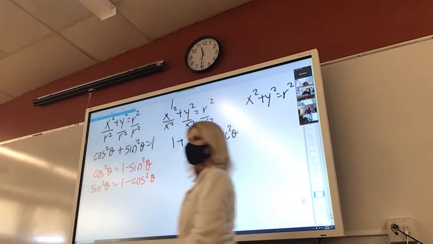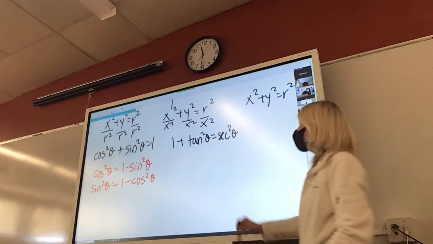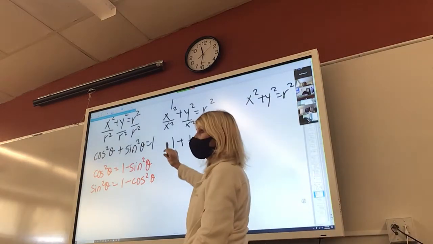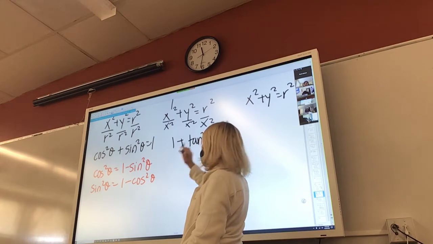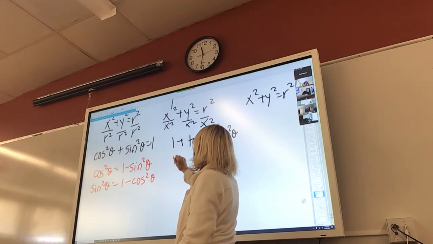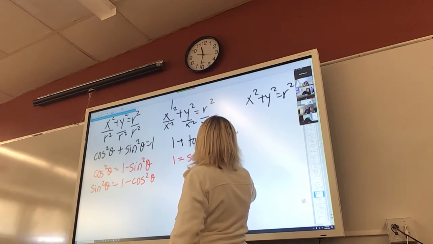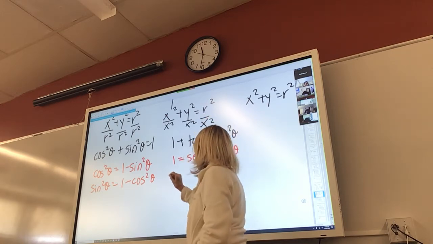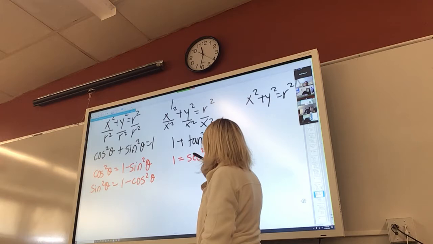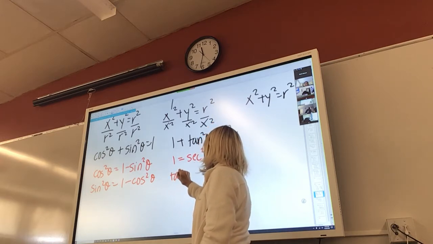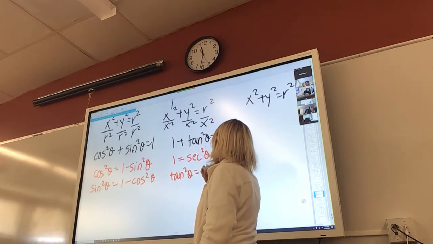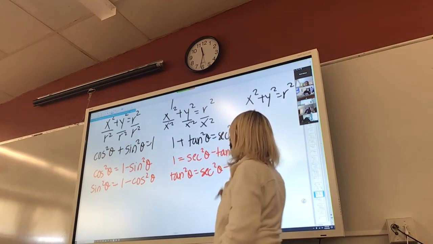Remember seeing these? Okay. Now, take those equations. This is what you have to memorize. Remember, from this, you could get, for instance, that 1 is equal to secant squared minus tan squared. Or you could get that tan squared is equal to secant squared minus 1.